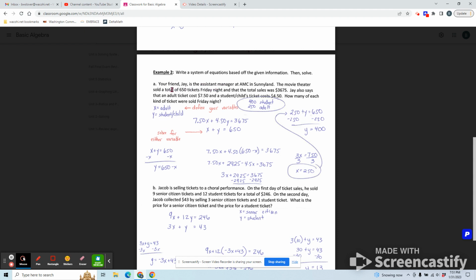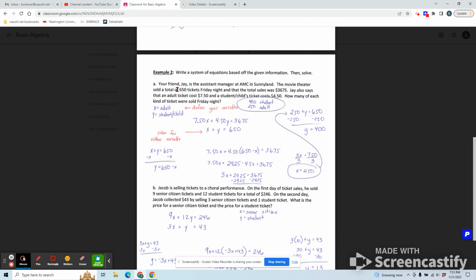The movie theater sold a total of 650 tickets Friday night, and that the total sales was $3,675. Jay also says that an adult ticket costs $7.50 and a student or a child ticket costs $4.50. How many of each kind of ticket were sold Friday night?